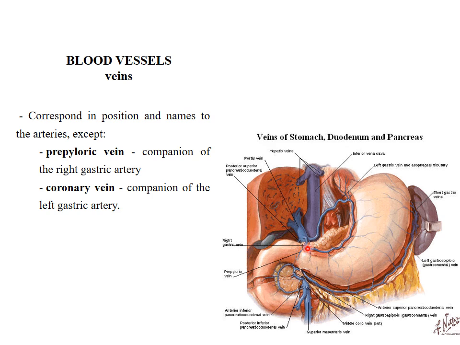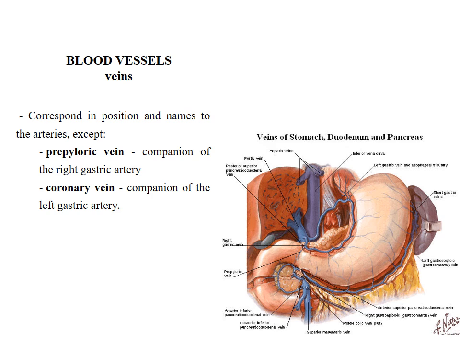This is the vein which corresponds to the left and right gastric arteries, and it is situated between the layers of the peritoneum of the lesser omentum near the lesser curvature. And all branches are tributaries of the portal vein.